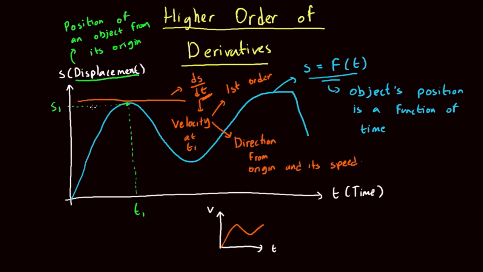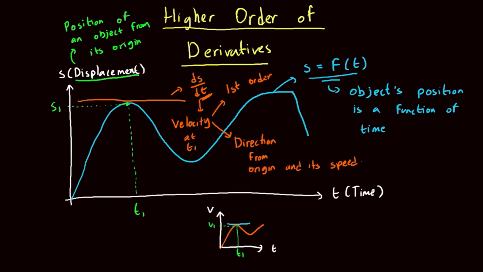Just pretend that this is t1. This is very arbitrary, there are no specific values to it, and we take the derivative at t1. I'm going to draw this with a blue line, tangential to the graph itself. This is of course v1.